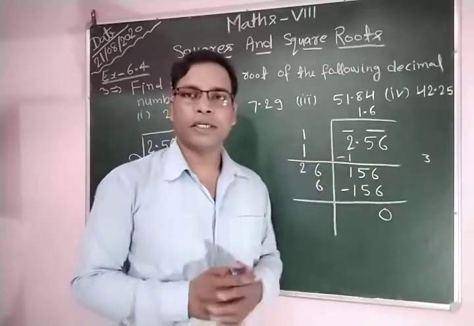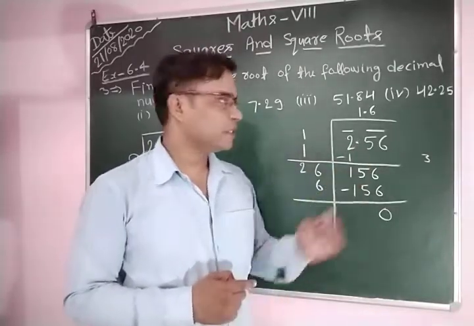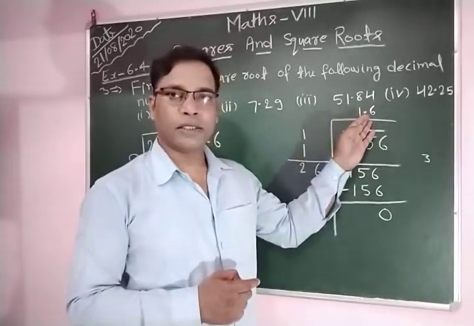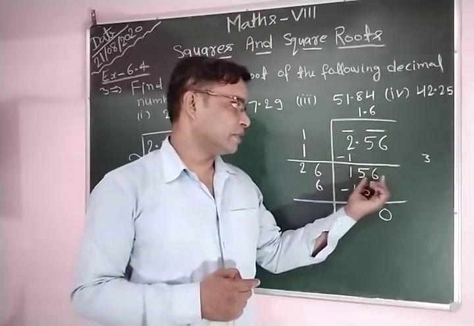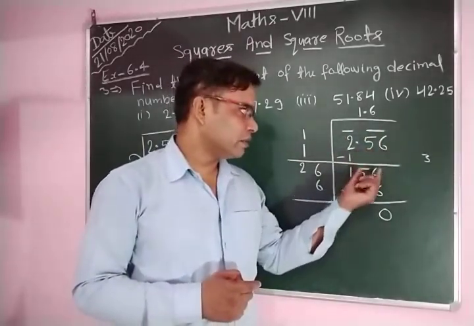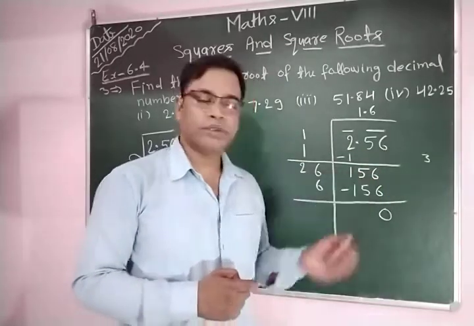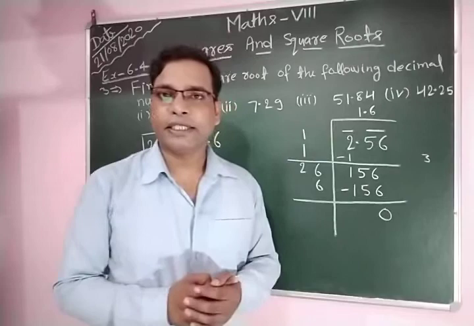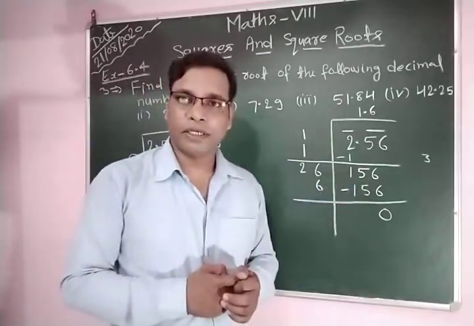Now the next pair is the decimal pair. So first we put this decimal point in the quotient after 1 and bring down this 56. 1 is our remainder, and when we bring down the 56 and write it here, this becomes 156. This is our new dividend.